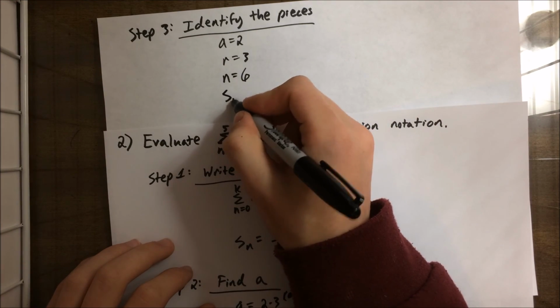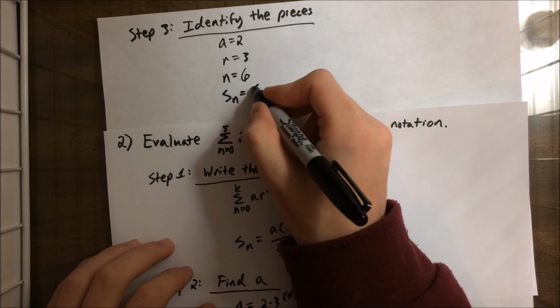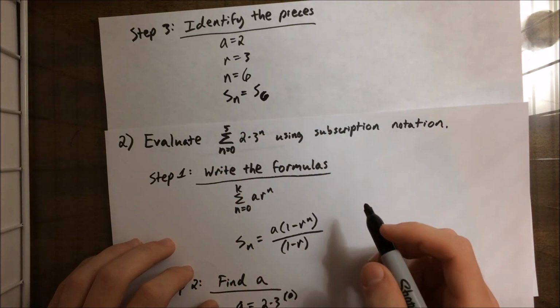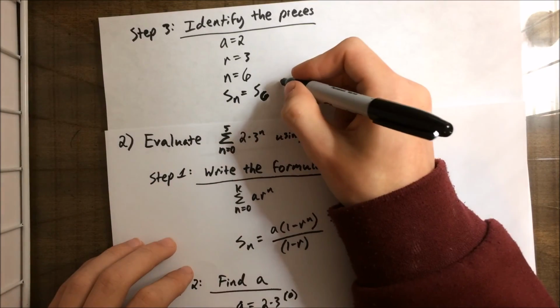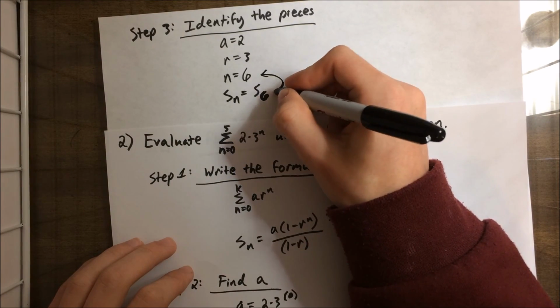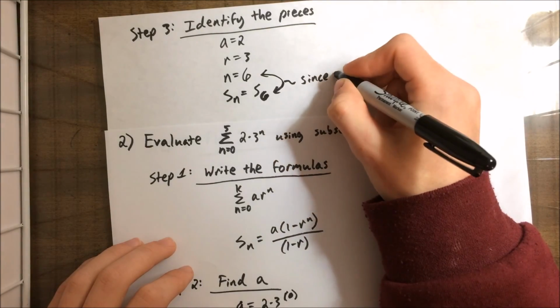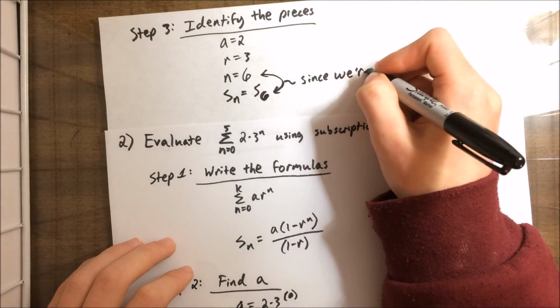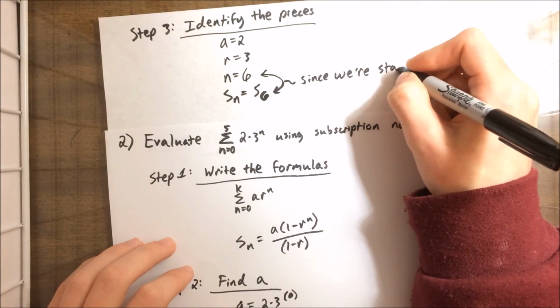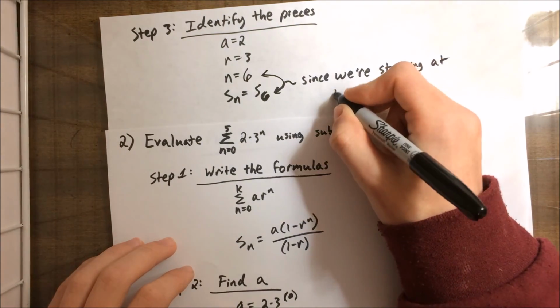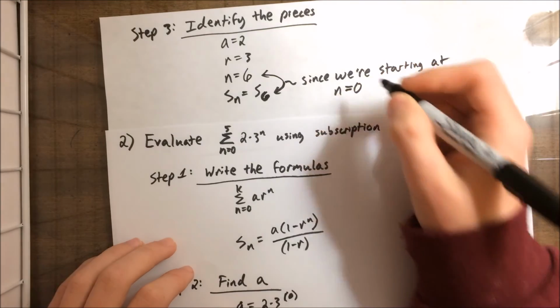So then S sub n would actually be S sub 6 instead of S sub 5, since we're starting at n equals 0.